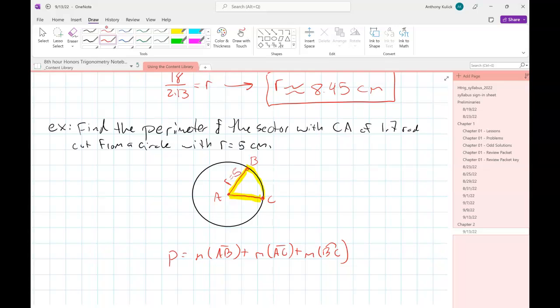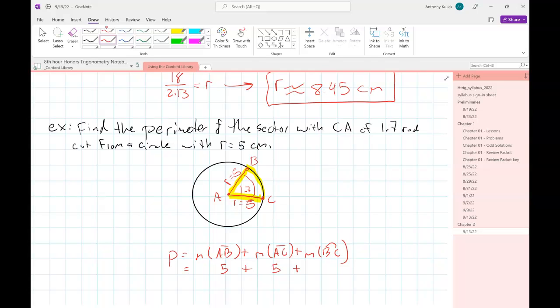It's 5 centimeters. How long is AC? 1.7 radians. Nope. Also 5, because why are they both 5? They're both radii of the same circle, right? Now, the 1.7 is this angle here, right?